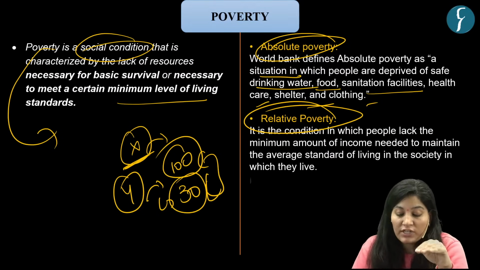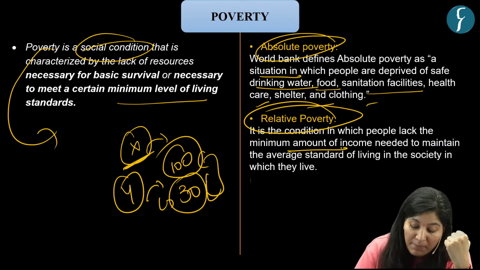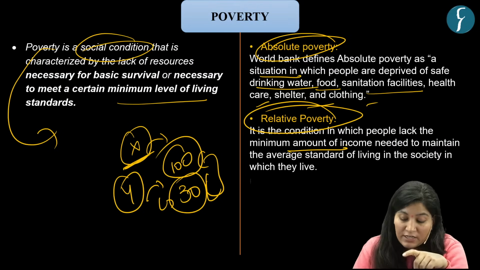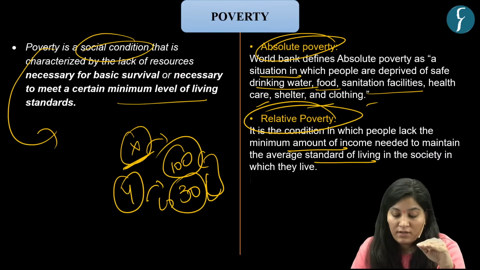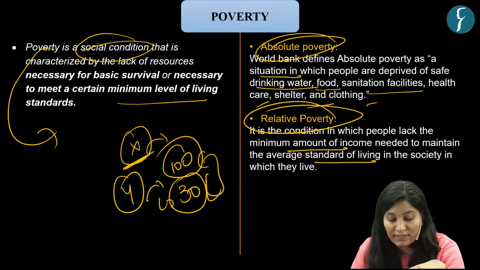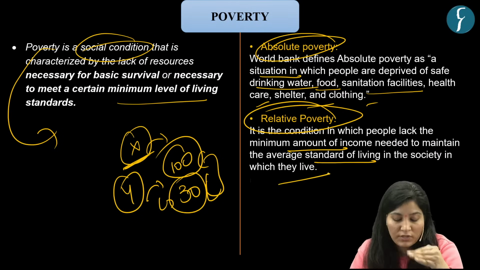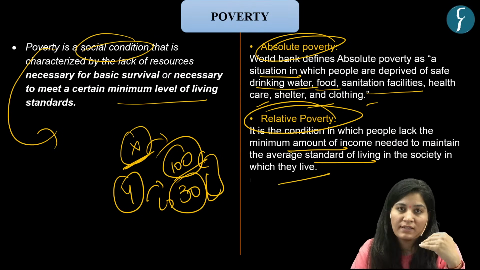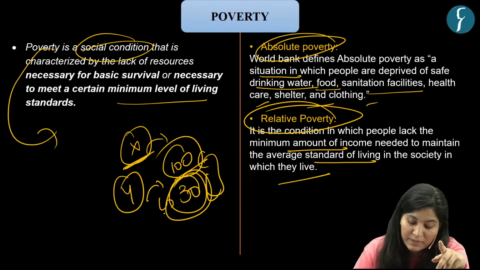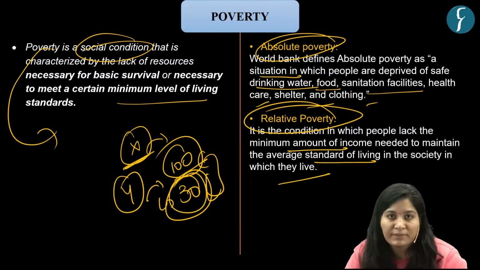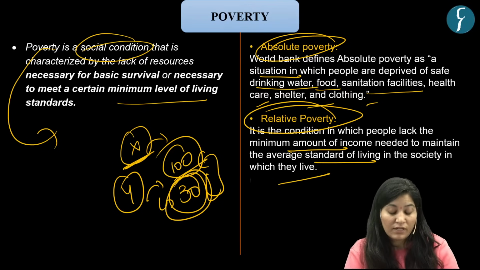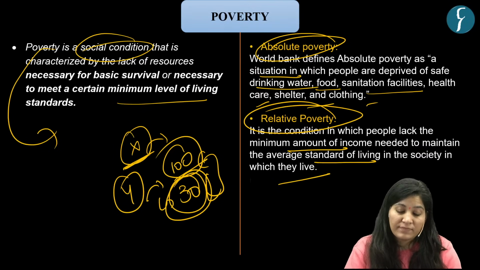It is a condition in which people lack the minimum amount of income needed to maintain the average standard of living in the society. So it varies from society to society. Here the average income was 100 rupees and this guy was earning 30 rupees. So this reflects relative poverty. Got it? Now you know what is poverty and the types of poverty.